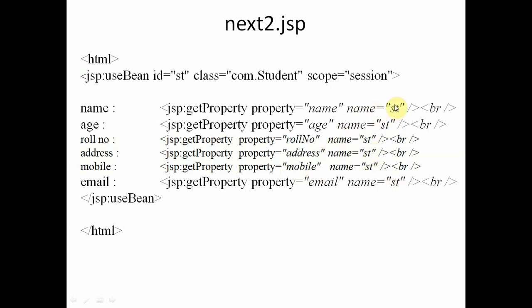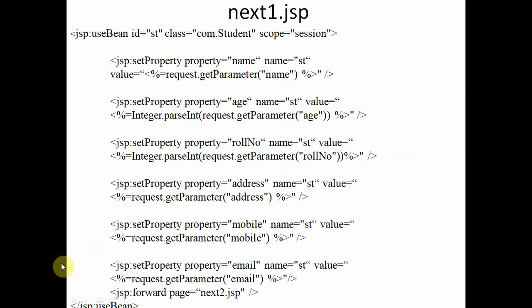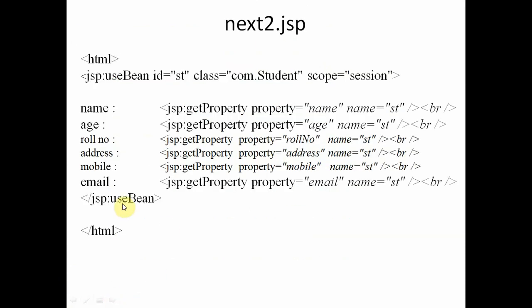So by this get property, it will access the value of these 6 variables and print them here. And jsp use bean will be closed here as in the previous one. पहले प्रोग्राम में भी /jsp कोलन यूज बिन लिखा है, वैसे यहाँ भी लिखा हुआ है, and HTML closes by /HTML. So this is the complete program.